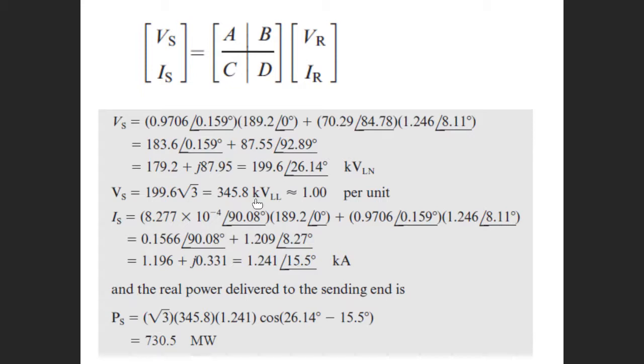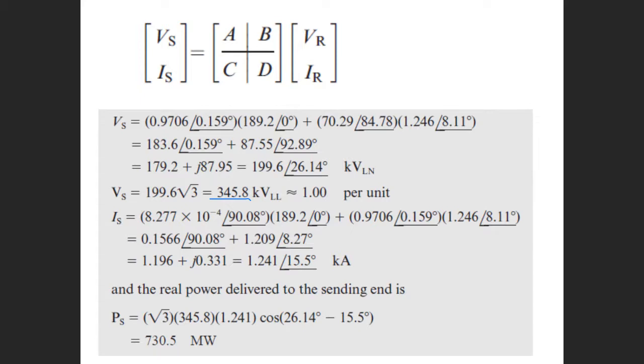If we want it in per unit, 345.8 over what is given. The given is 345, without the 0.8. So it will give you almost 1 per unit in this case, maybe 0.999.